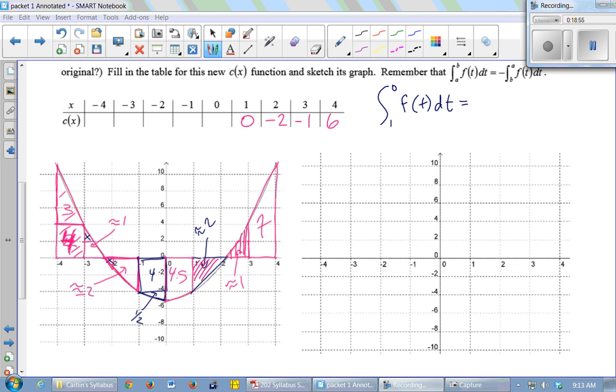So we would rewrite this as the negative of the integral from 0 to 1. So that's a property that we talked about several classes ago. So the area from 0 to 1, this area here, is about 4.5. It's negative, right? So I'm going to make it positive because I'm going from 1 to 0. So I'm going to add 4.5 here, so I get 4.5.